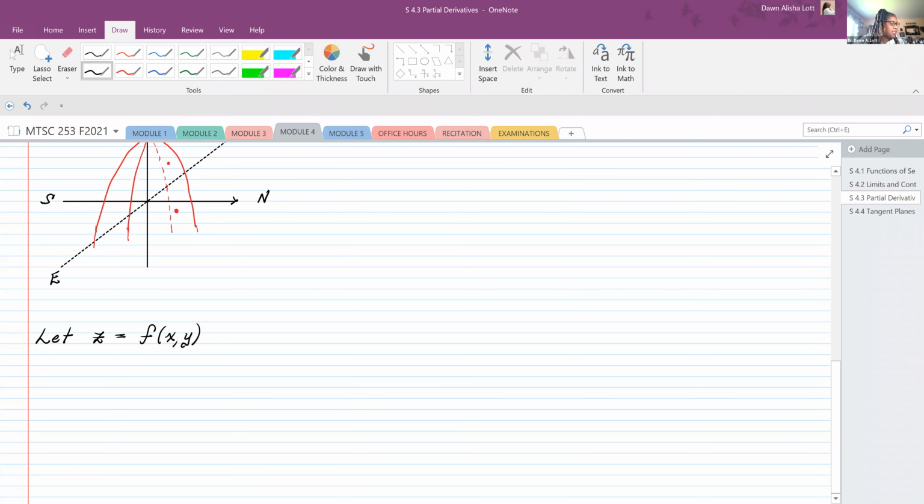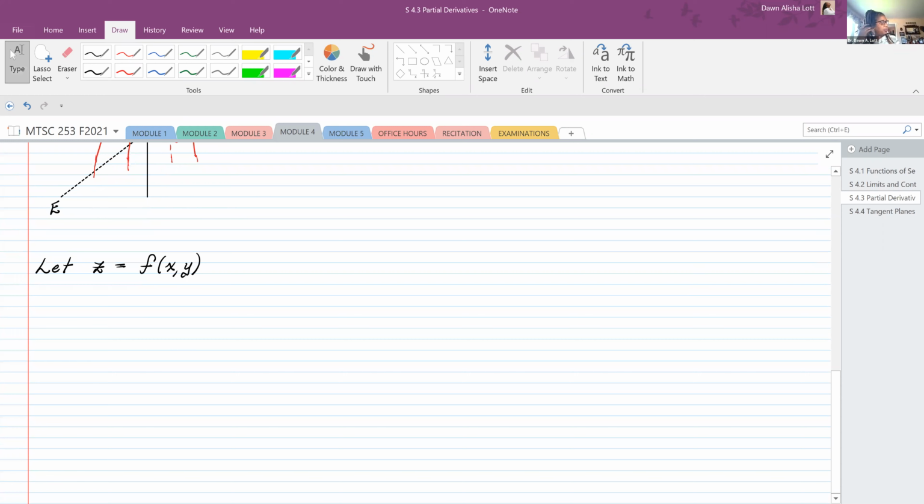And I want to take the derivative with respect to x. So when I take the derivative with respect to x, I'm going to hold y fixed. And now because z has derivatives with respect to x and y, we have what we call partial derivatives, not total derivatives anymore, because it can be a derivative with respect to x or a derivative with respect to y.